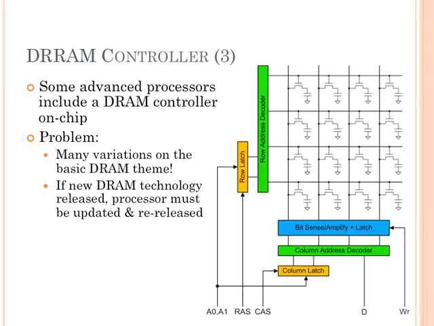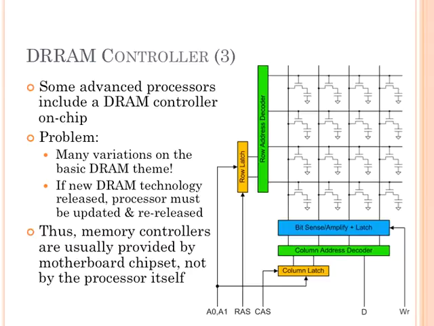You'd have to throw out the processor and get a new processor that does support that. And so in general, this is why our general purpose computer systems typically will have something on the motherboard that handles DRAM interaction. It won't actually be on the processor itself. Let the processor do what it's good at. Let something else handle the DRAM access. Okay?